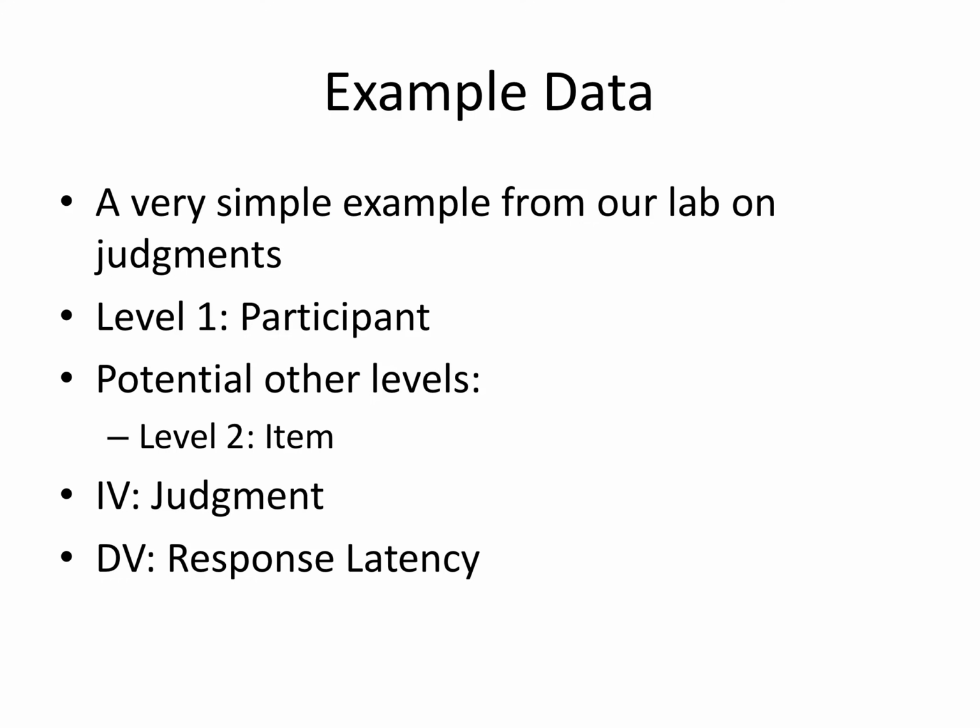So what you'll see when we run this is that only one of those is going to be useful. But it's always helpful to test the different structured levels in your data. And then for our independent variable, we're going to use the judgment that they gave the items, and for the dependent variable, we're going to use their response latency to those items.